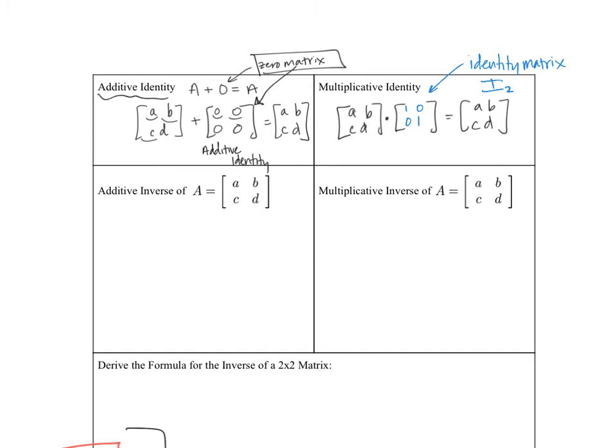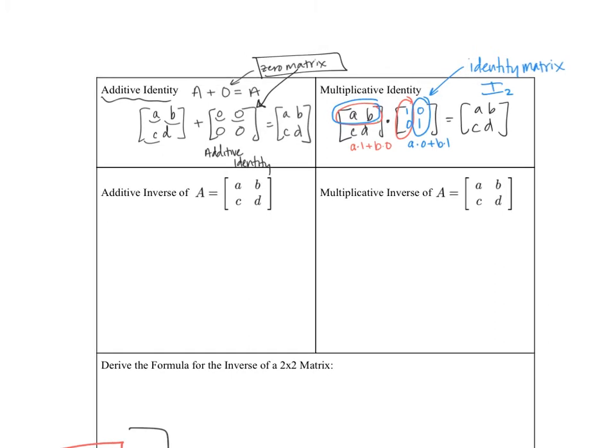So let's check how that multiplication would work. So we take the first row times the first column. That gives me my first entry. A times 1 plus B times 0. Then we take that first row times the second column, and that will be A times 0 plus B times 1. Then we take CD times that first column.